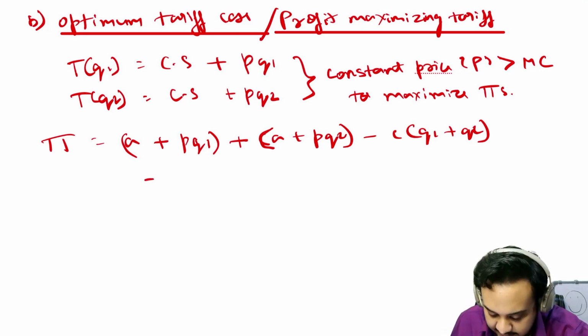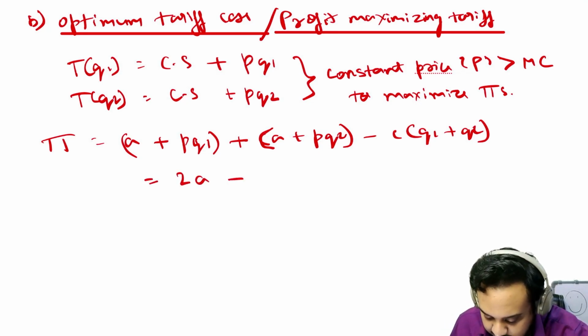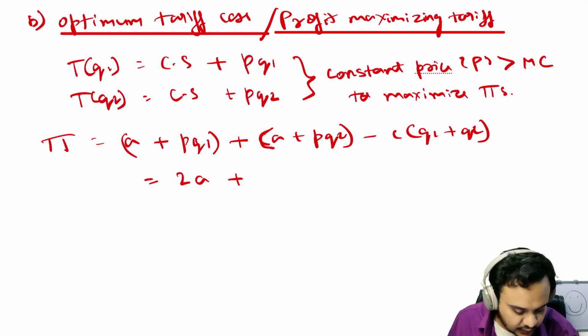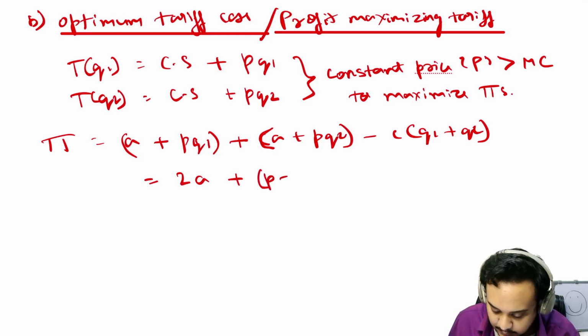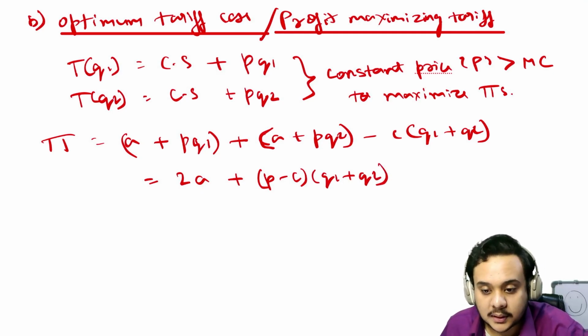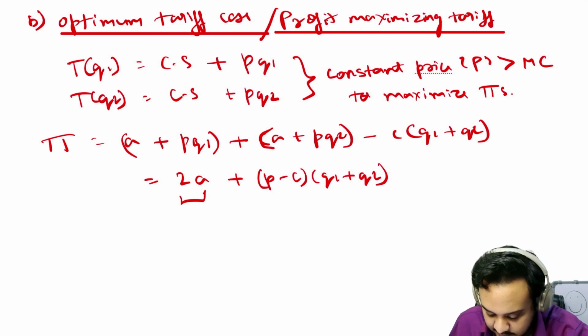Now if you add this up, you can write it as 2A plus P minus C into Q1 plus Q2, because Q1 plus Q2 is taken out common. So this 2A is the entry fee, which is nothing but the consumer surplus.